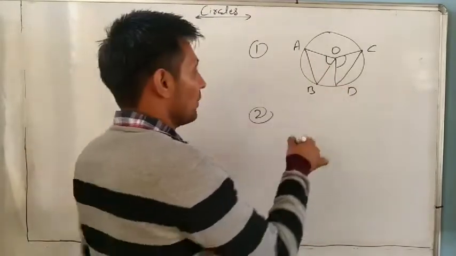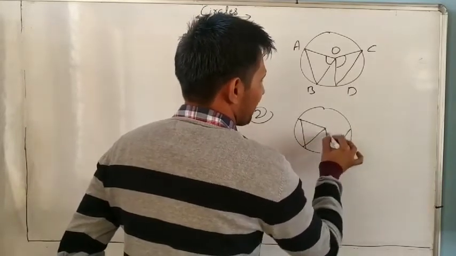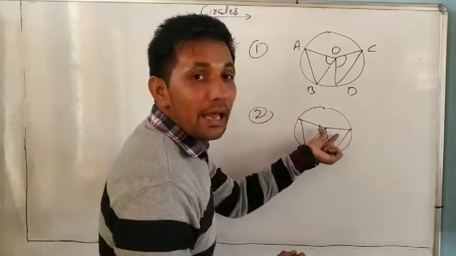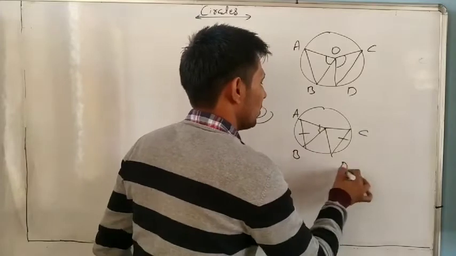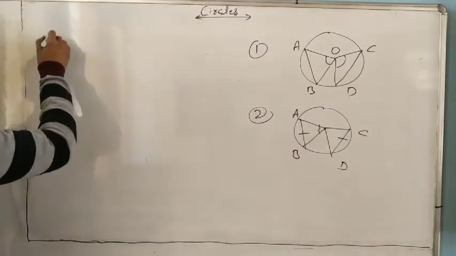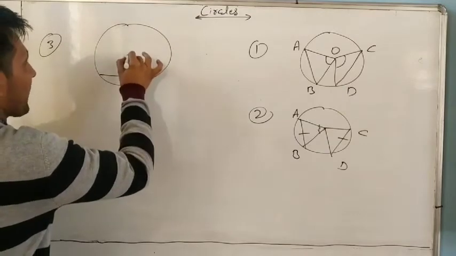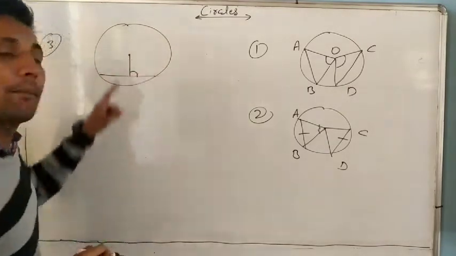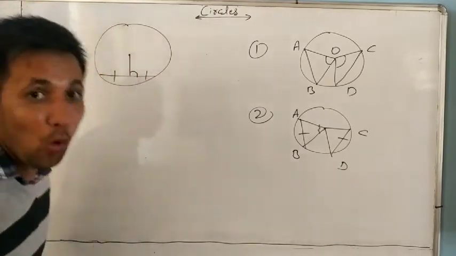Opposite of this one now. If the angles made by two chords are equal, then the chords AB and CD are equal. Okay. And third is the perpendicular from the center. The perpendicular from the center always bisects the chord.